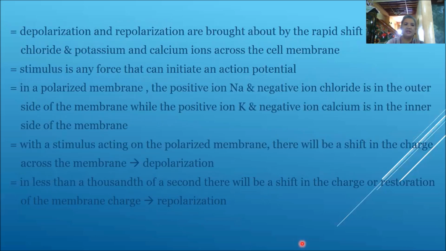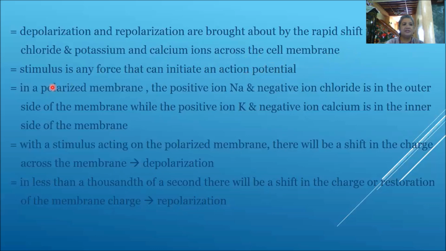So depolarization and repolarization are brought about by the rapid shift in sodium, chloride, potassium and calcium ions across the cell membrane using your channels. There is a sodium and a potassium channel.